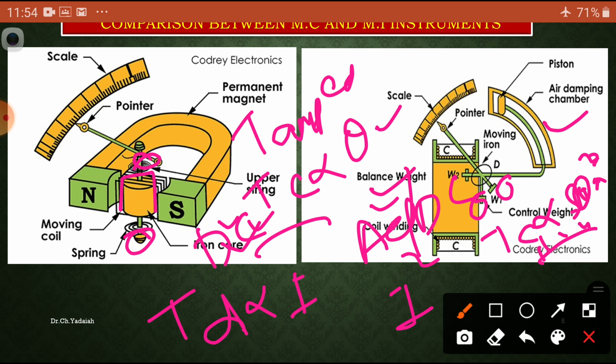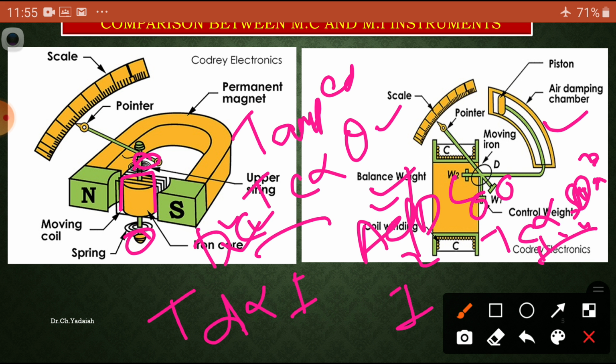These are the 10 aspects you should remember, because you are electrical students. Wherever you use voltmeters and ammeters, they are all based on these principles, so you have to identify them. Last class we saw that moving coil instruments have a plus and a minus, and there is no plus or minus in moving iron instruments.